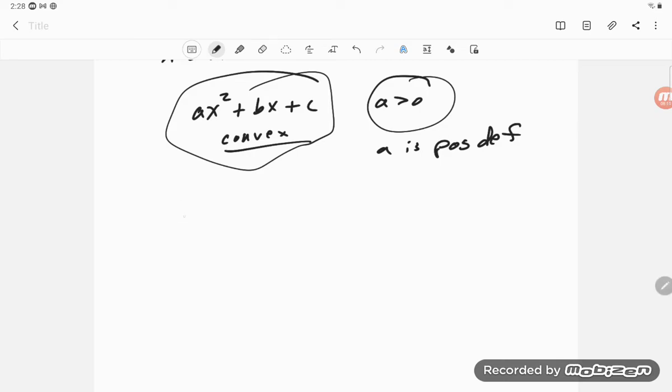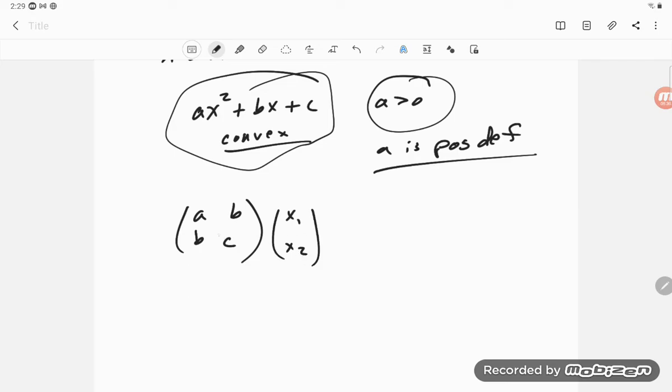Now, if you go to a 2 by 2, all of a sudden you've got A, B, B, and C, because it has to be symmetric to talk about positive definiteness and positive semi-definiteness. Now, you're working with an x1 and x2 here.